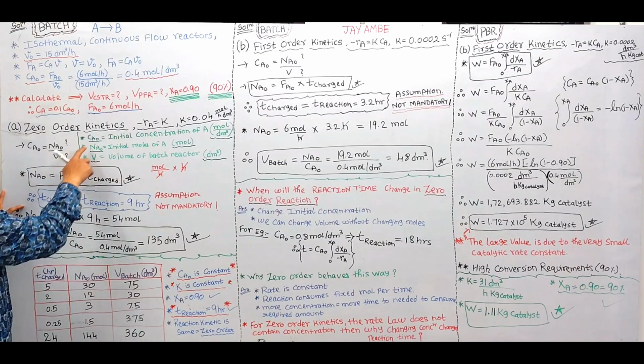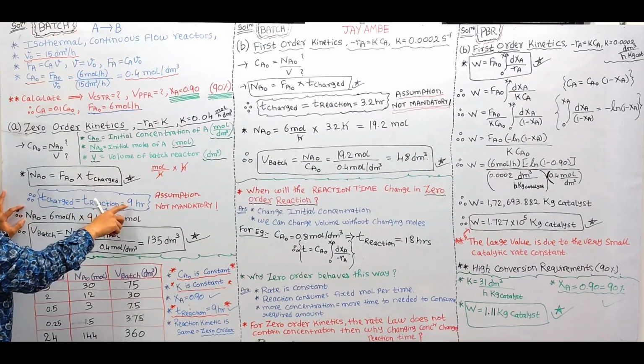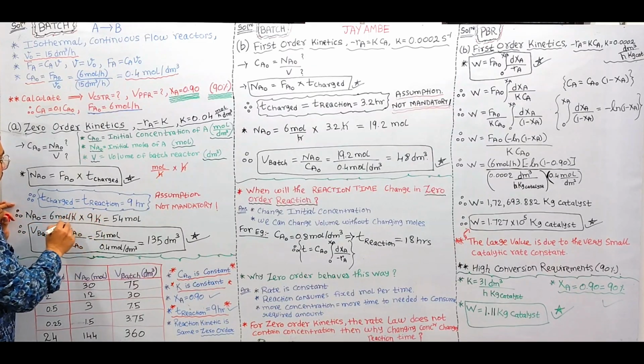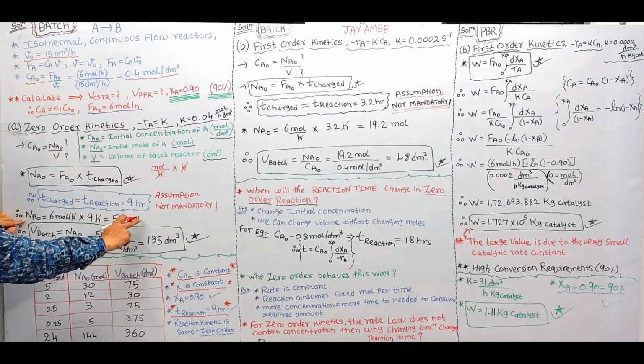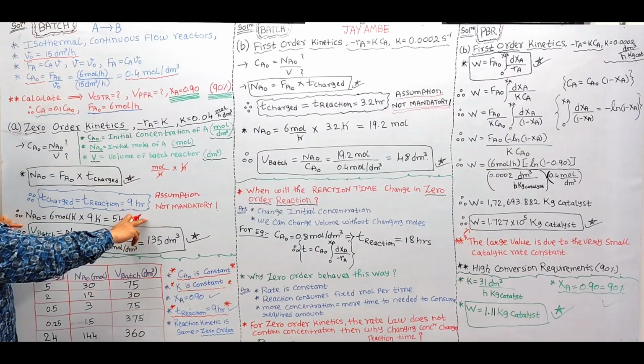The molar flow rate is 6 moles per hour, multiplied by the charge time of 9 hours. The hours cancel out, and if we multiply we get 54 moles, which means initially we have 54 moles of reactant present in the reaction environment of the batch reactor.